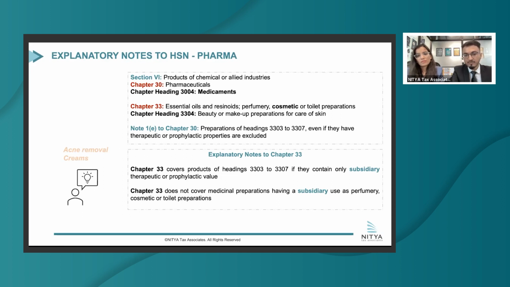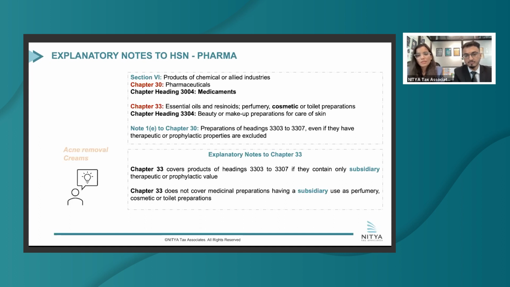But Chapter 33 explanatory notes have detailed out that it will be covered only if it has a subsidiary therapeutic value and not if the primary portion is of therapeutic value. So basically, the additional condition explanatory notes have brought in is, if you only go by the chapter notes, then even a skincare product with 90% therapeutic properties will still be classified as a skincare product, a cosmetic.